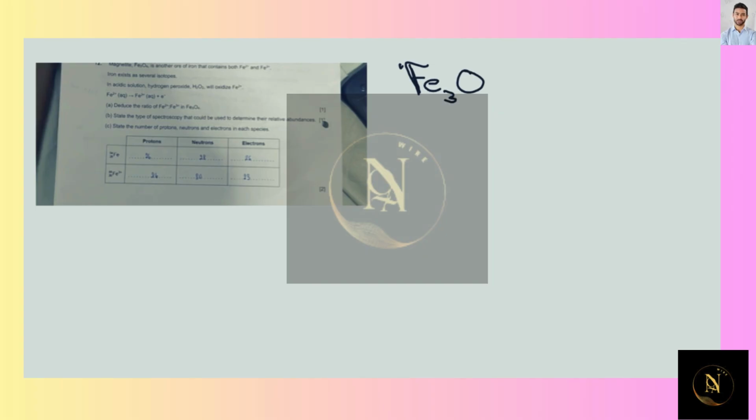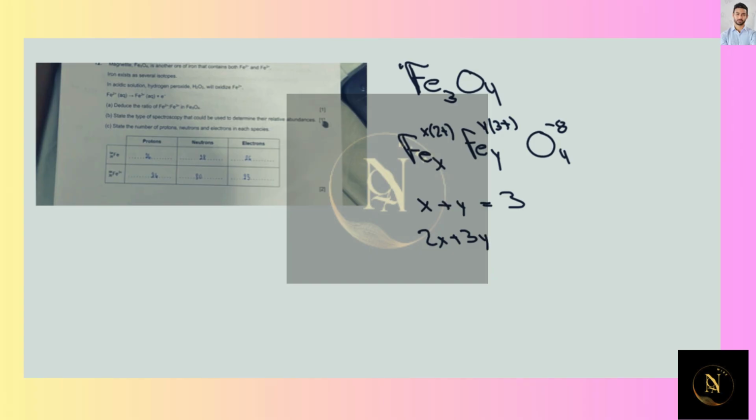we know that magnetite is Fe3O4, so we know that iron X times 2 plus with iron Y times 3 plus, balanced with oxygen, which is going to correspond overall to -8, needs to be equal to 0. So essentially the condition is given by x plus y is equal to 3, the number of atoms that we're going to have, and 2x plus 3y minus 8 is going to be equal to 0.